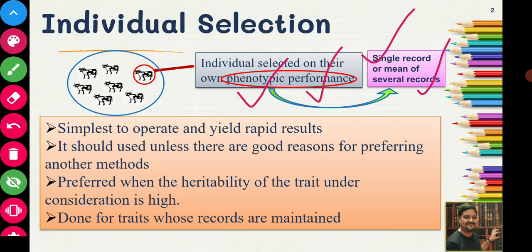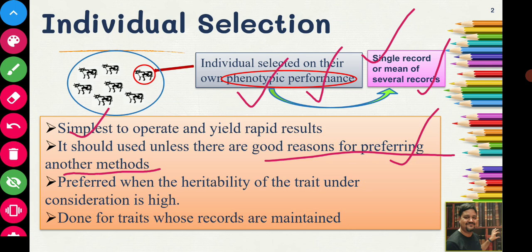If you see the operating procedure, it is the simplest to operate and yields rapid results, because you just have to take observations and rank the animals. It should be used unless there is good reason for preferring another method.